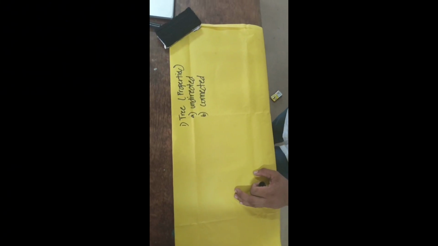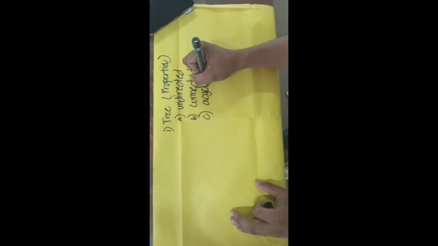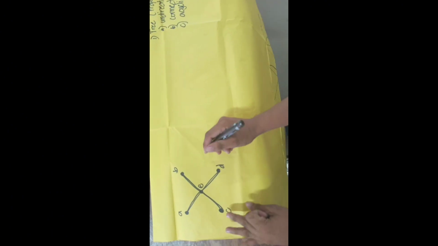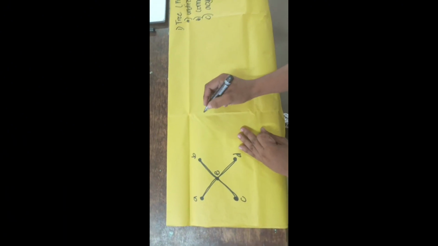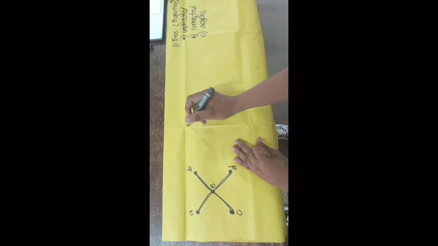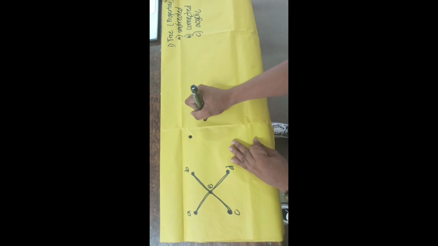And the last property of a tree is acyclic. Acyclic means there is only one route from any vertex to any other vertex, or it has no cycle. This means that A, E, and D has only one route. We can draw it like this.